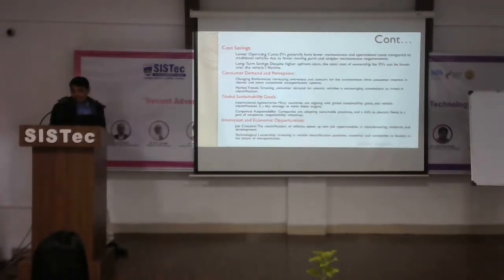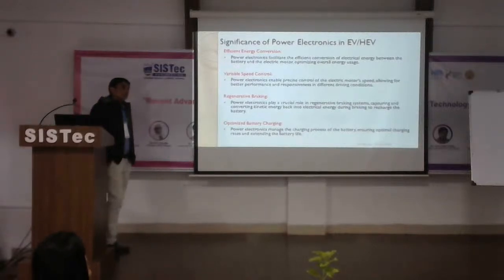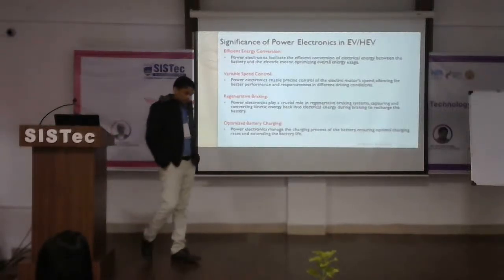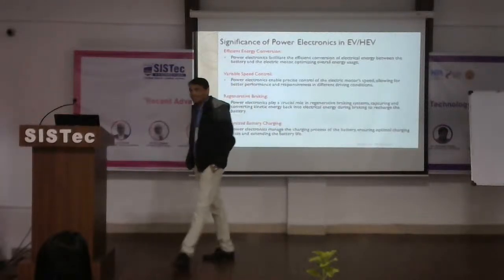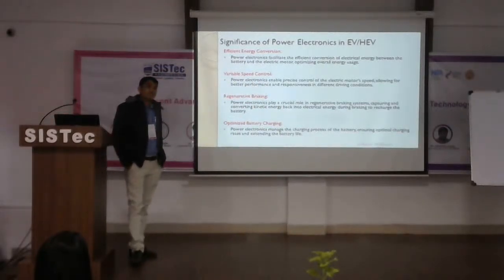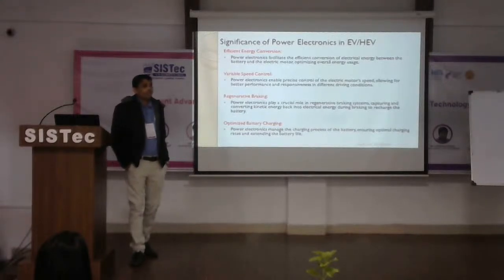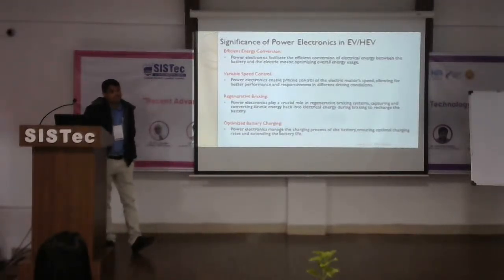And yes, significance of power electronics in electric vehicles. So suppose in place of the IC engine, we are using a motor, because in transport propulsion will require the IC engine, and in propulsion we can also use a motor.